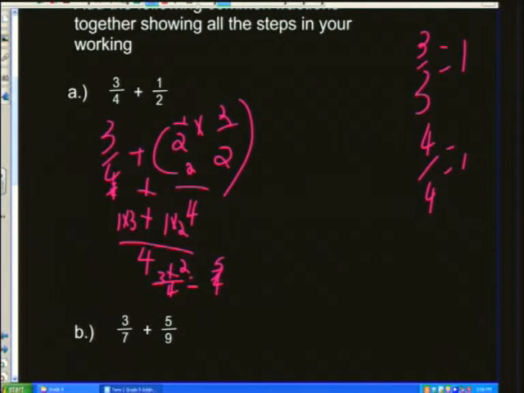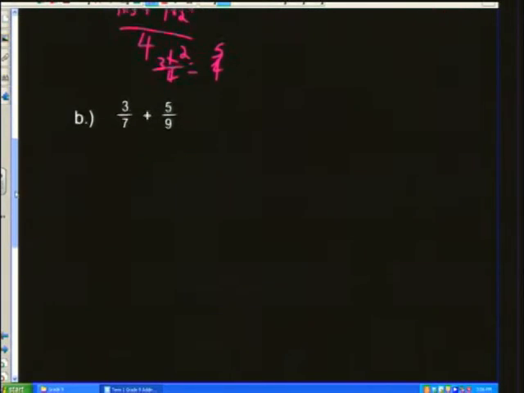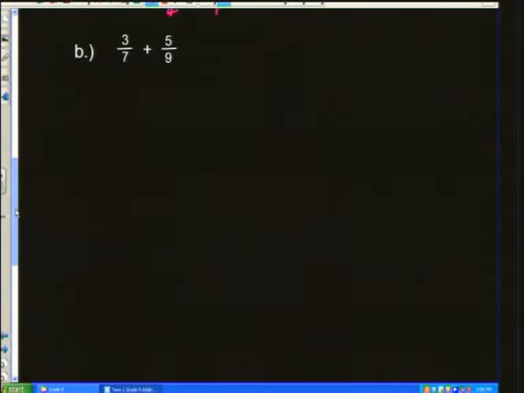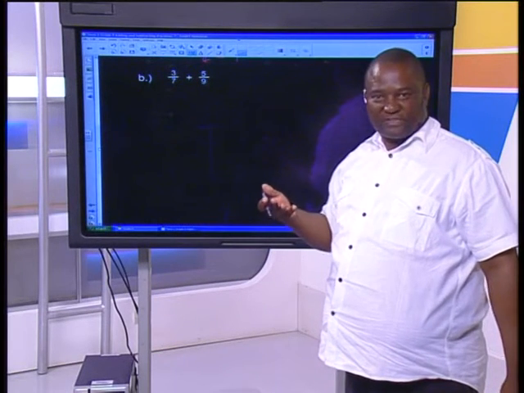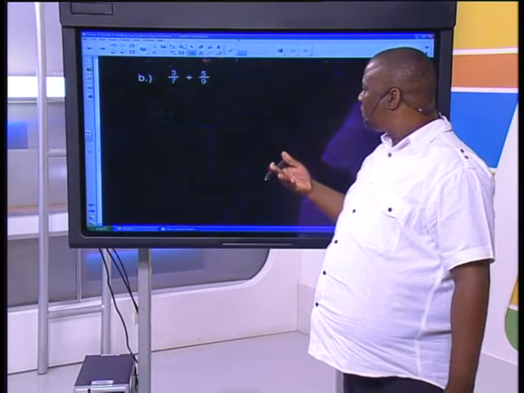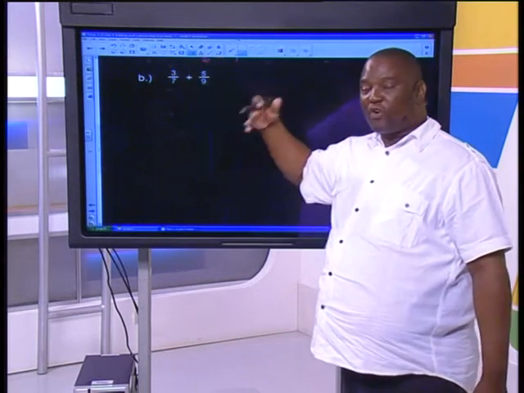Okay? Number B is 3 over 7 plus 5 over 9. Remember, we spoke of multiples, and we spoke of the common multiples.